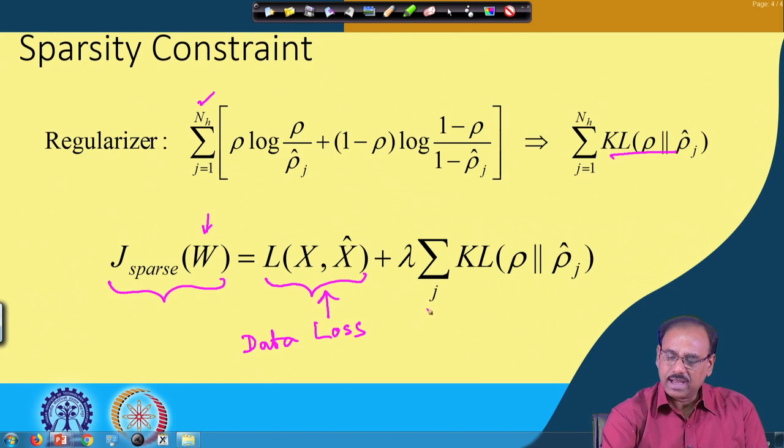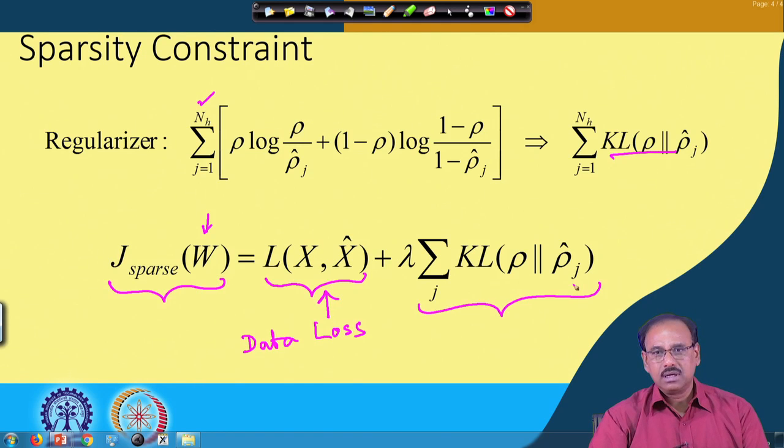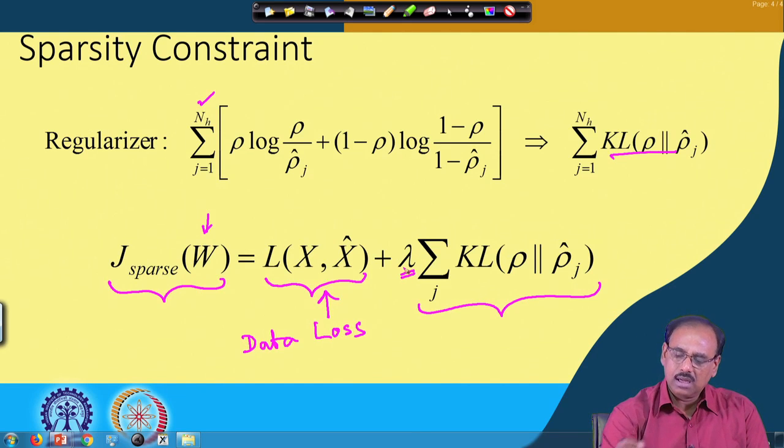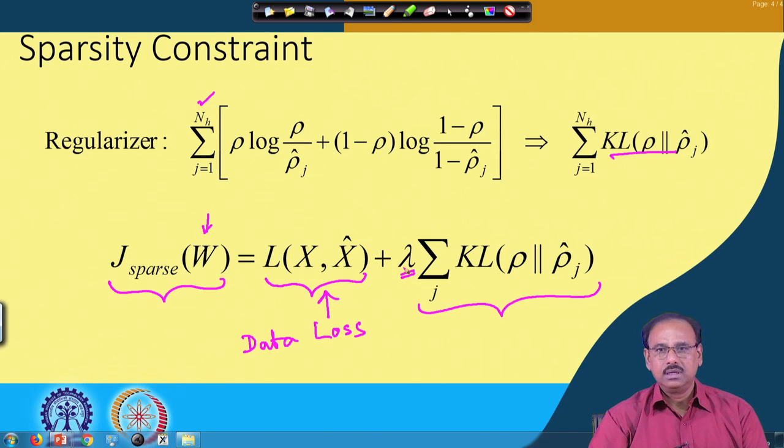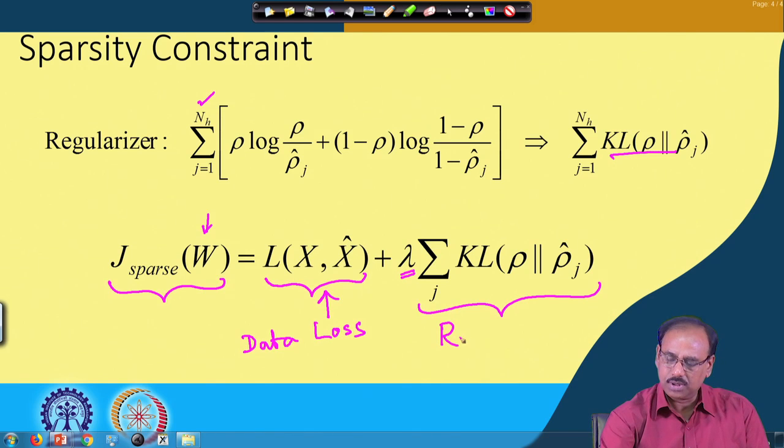And in addition to that, I also introduce the KL divergence between the two distributions, one given by rho, the other given by rho j hat. And this hyperparameter lambda represents the relative weight that I am putting between the data loss component and the regularization loss component. So, this is the regularization loss.